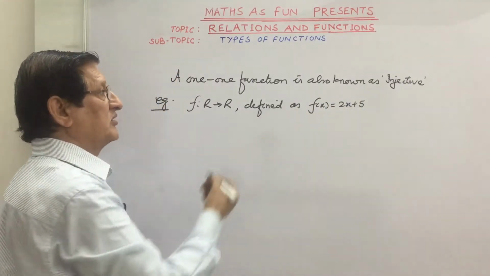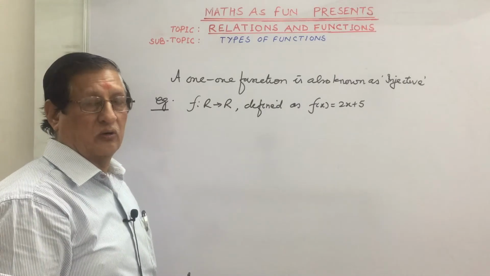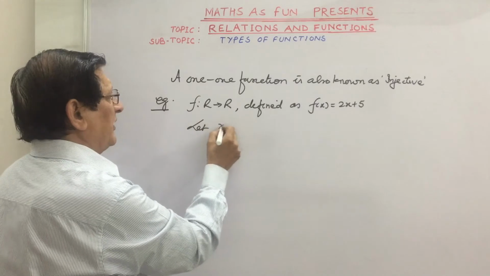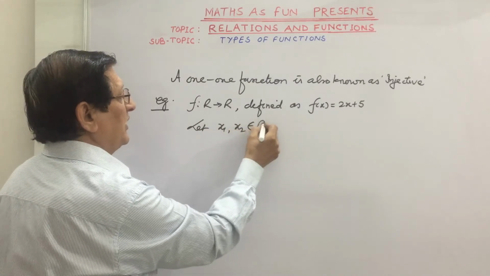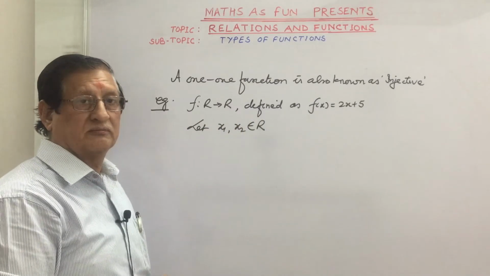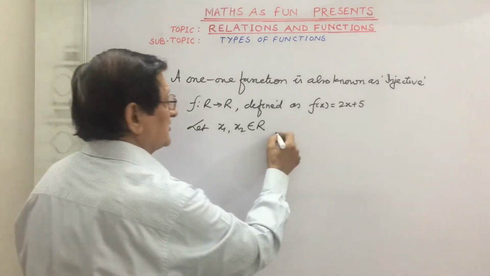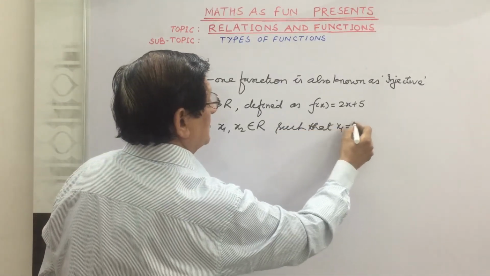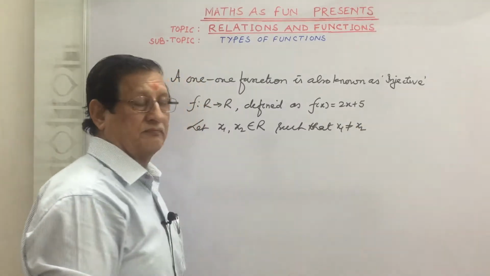We want to find whether it is one-one or not. So what do we do for the solution? Let x1, x2 be any two real numbers such that x1 is not equal to x2.